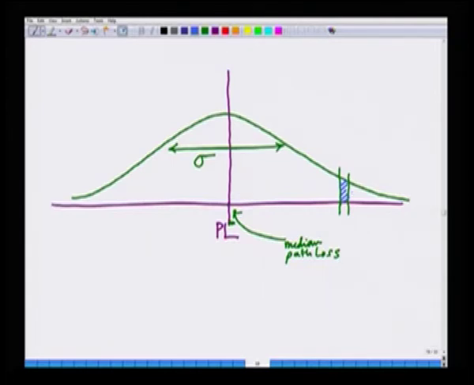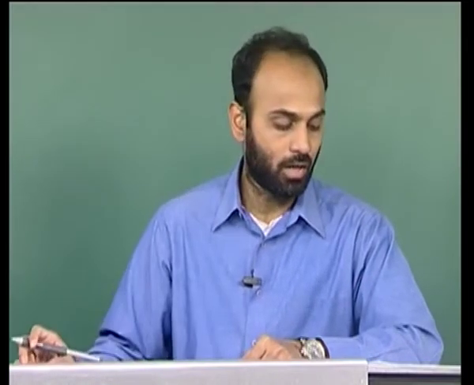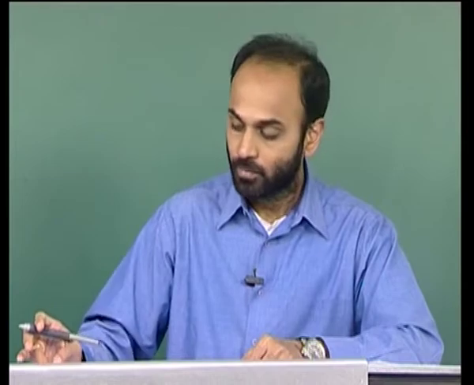So, the path loss can fluctuate as a function of distance and time. It is a random variable, and hence we can only speak about a probability. We can first say that this is the median value PL: 50% of the time it lies above the median, 50% of the time it is lower than the median, and given any value we can characterize the probability that it takes a value in that region, which is obtained by looking at this probability distribution.